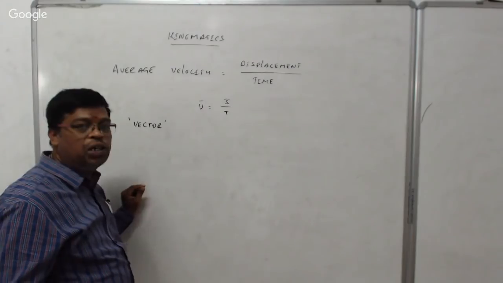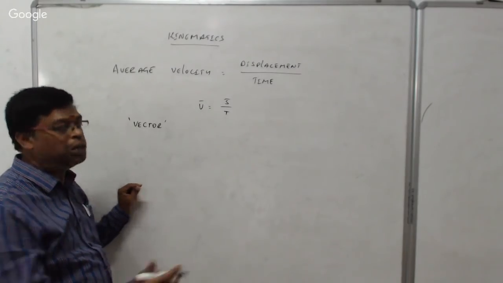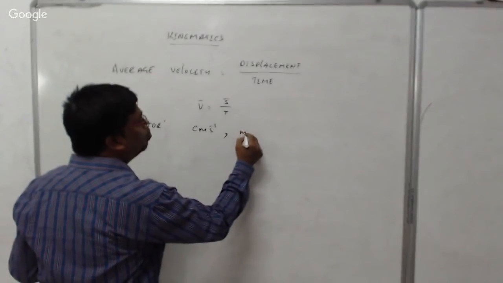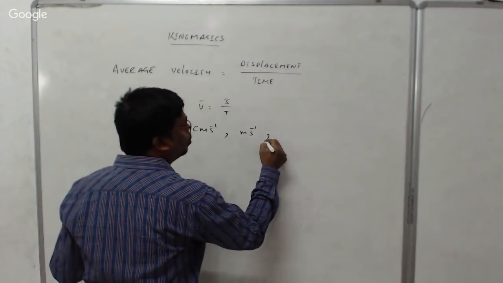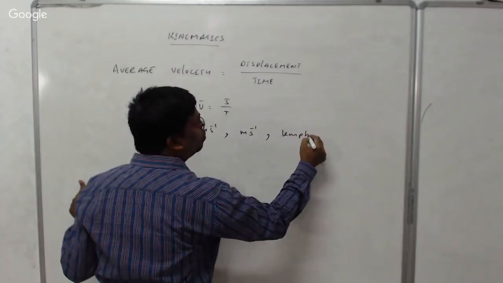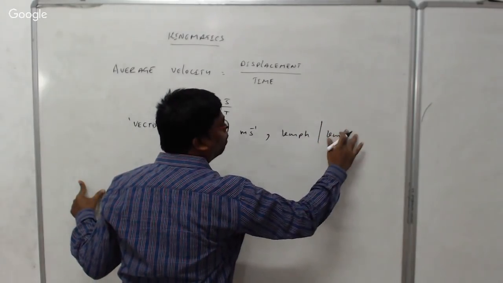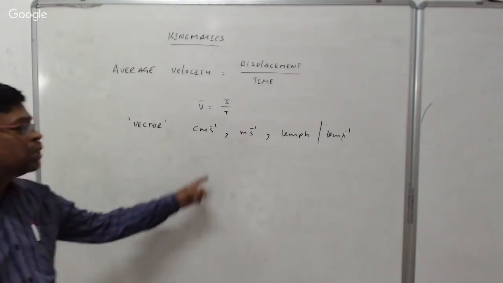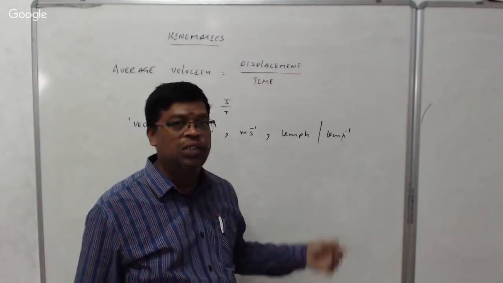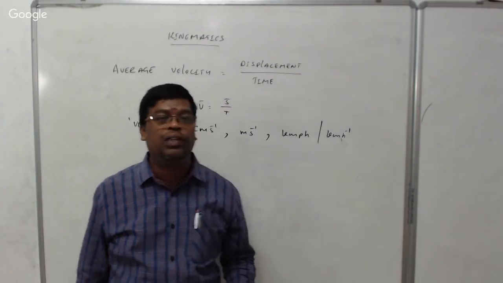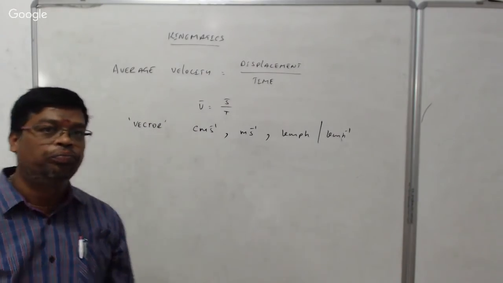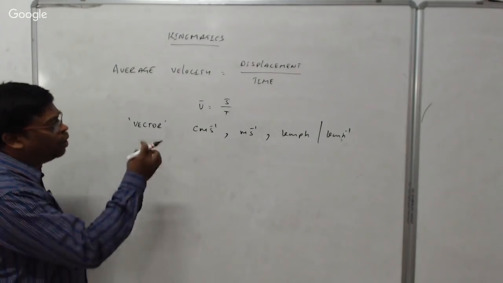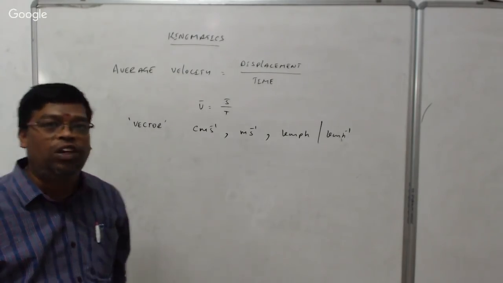Velocity is measured the same as speed, that is centimeter per second, meter per second, or kilometer per hour. Centimeter per second is the least value, kilometer per hour is the highest value.